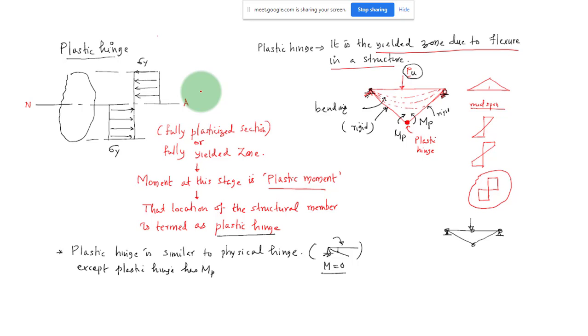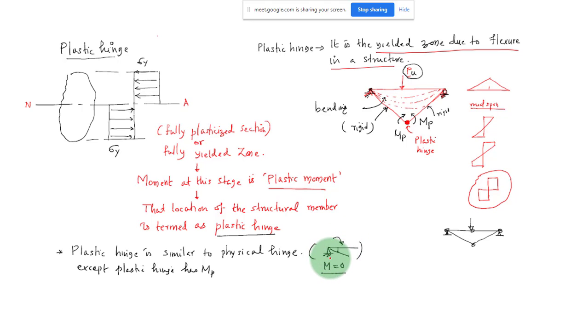Why do we call it a hinge? After that, at that point it is going to act like a physical hinge. The physical hinge means, suppose we have a hinge support, what is the specialty of that support? It will not have any resistance against moment. If you apply some moment, it is free to rotate.